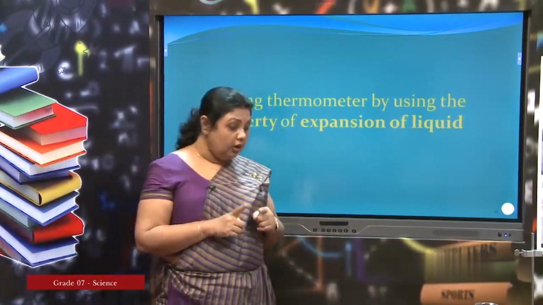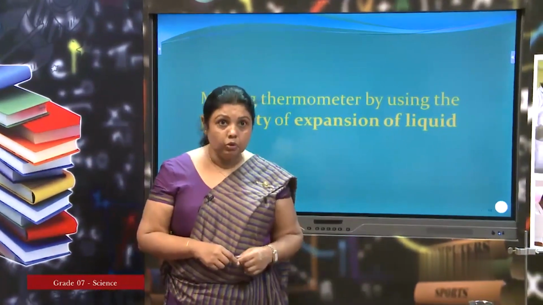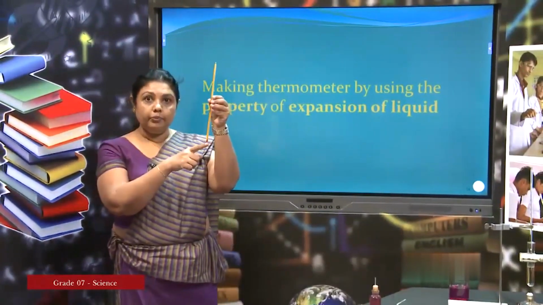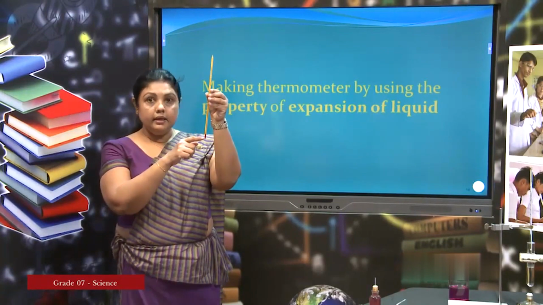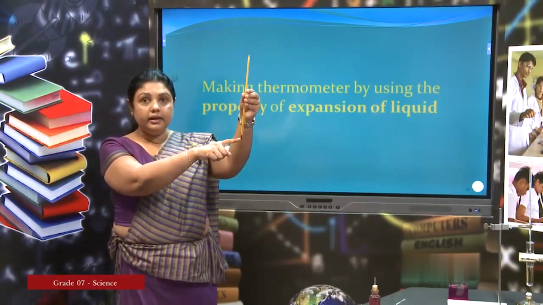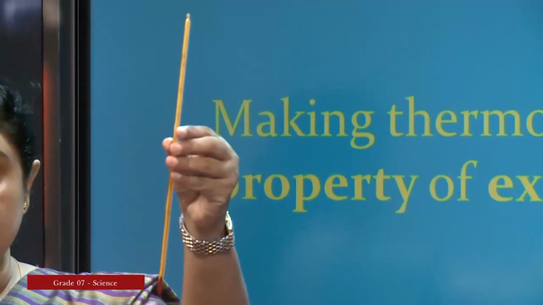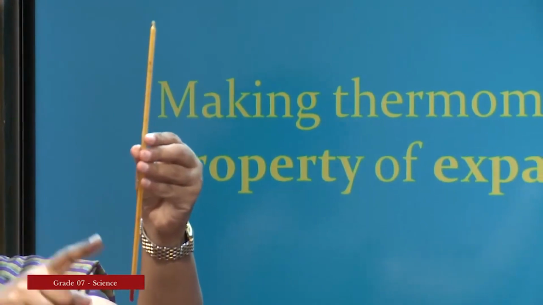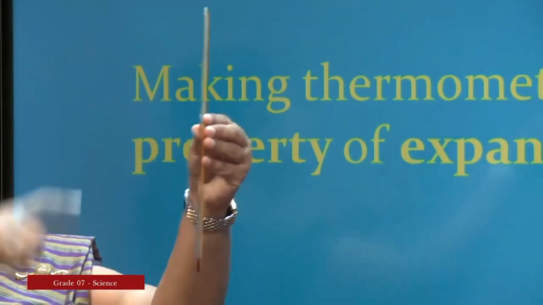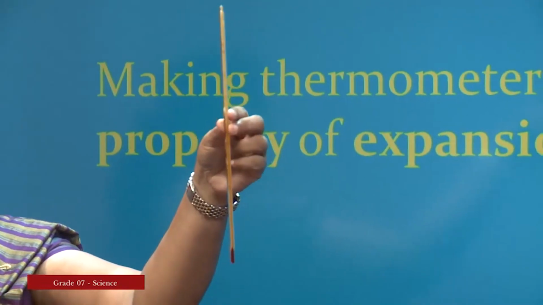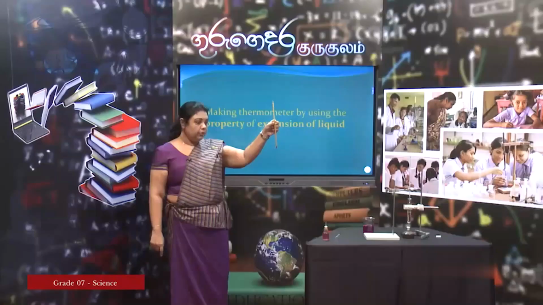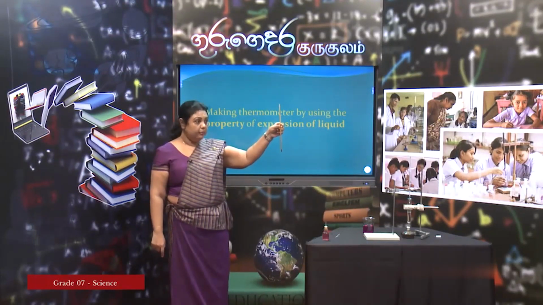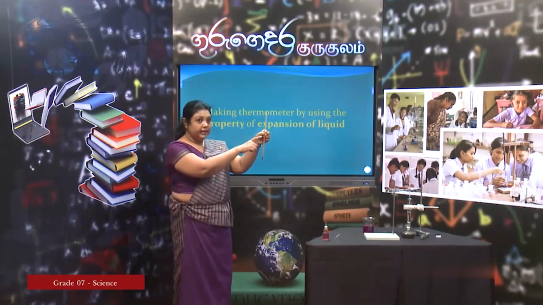I showed you earlier also, now again I will show you a thermometer with some liquid. You can see this thermometer, it is red in color. The liquid used here is alcohol. That alcohol is a liquid that has the ability to expand with temperature. You can put this into a container or any substance, then you will see this liquid expands.